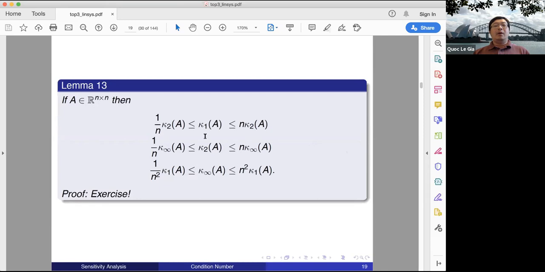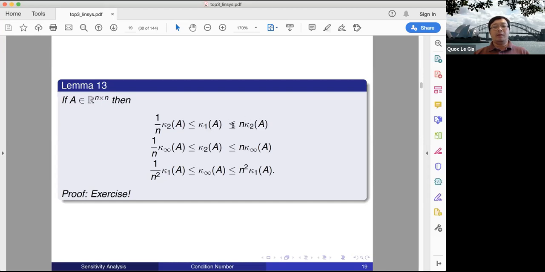So now, even though the condition number depends on the norm of the matrix, the norms are equivalent. In the sense that if you look at these inequalities, if the condition number in the one norm is big, then the condition number in the two norm is big as well by this inequality.